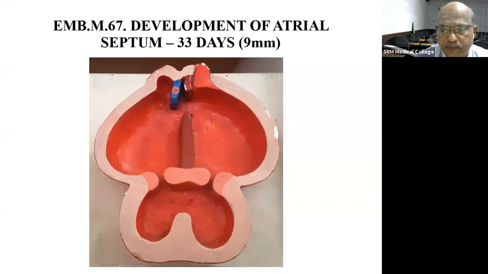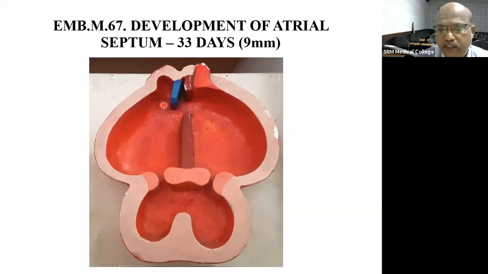Now this septum secundum descends downwards and overlaps your septum primum. After delivery, you will have fusion of these two to form our interatrial septum. So that is the development of the interatrial septum. For PGs, we used to ask the development of the interventricular septum also.